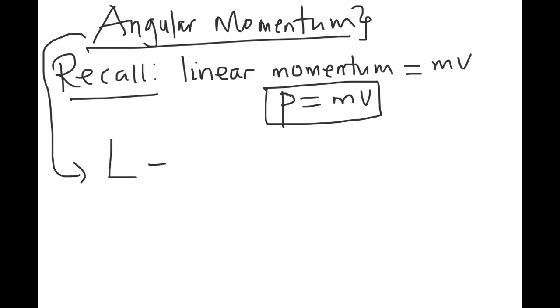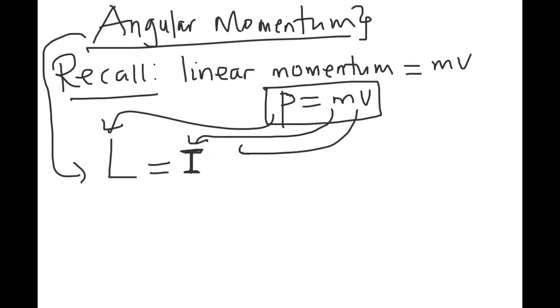We usually use L, which stands for a rotating object. And instead of having the mass, we are going to have the rotational inertia of the object. Remember, rotational inertia depends on the mass as well as the distribution of the mass. So we have I here, and then instead of velocity we have angular velocity, or rotational speed.